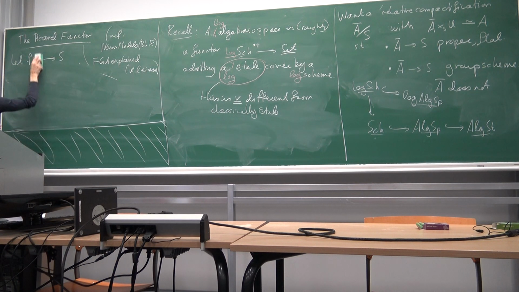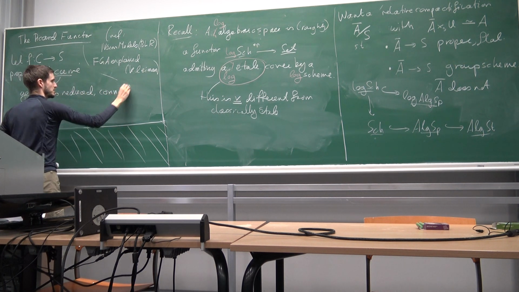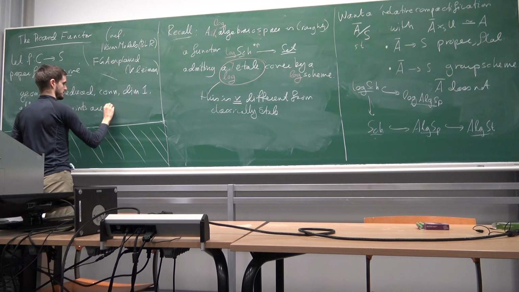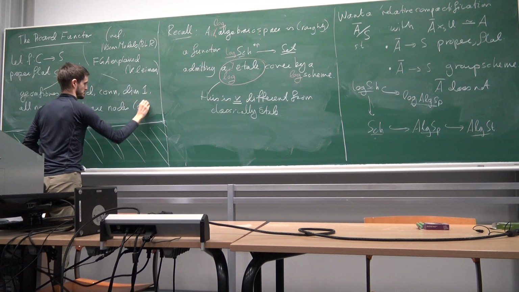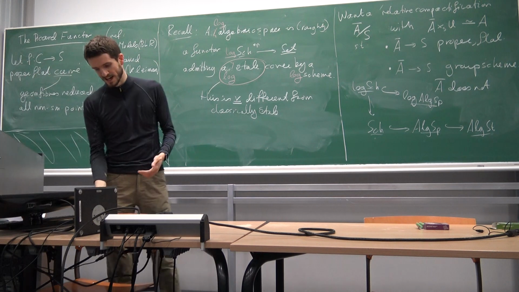So I'm going to call it C, and I'm going to let it be a proper flat curve, and this means the geometric fibers are reduced, connected, dimension 1, and all non-smooth points are nodes, ordinary double points. So this is the setting which we'll be working in later in the seminar.